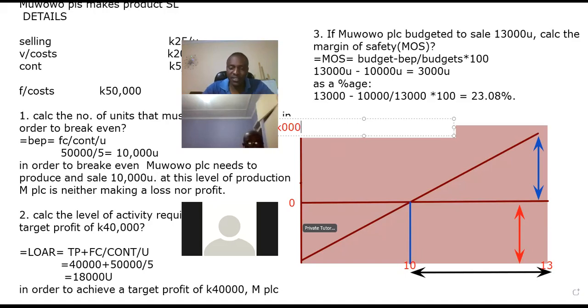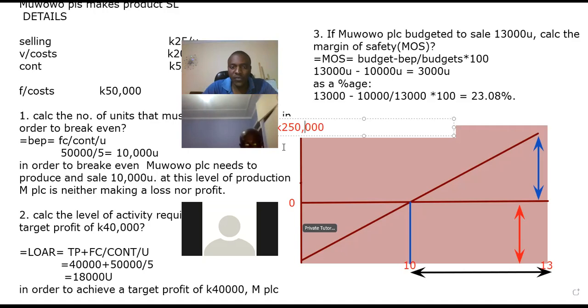So what this means is this. What were the fixed costs, guys? What were the total sales? How much was the total sales? Let's just say 250,000 or so.